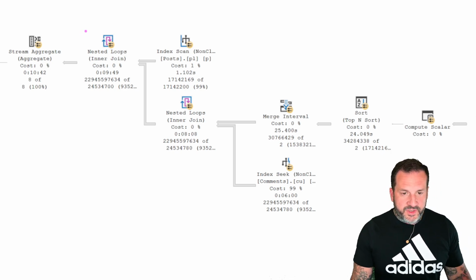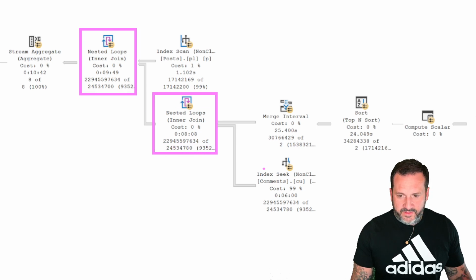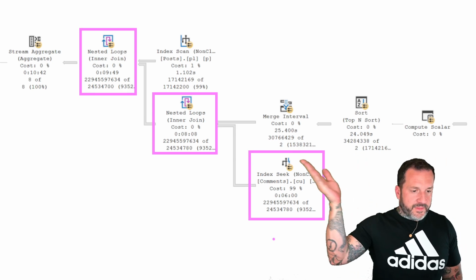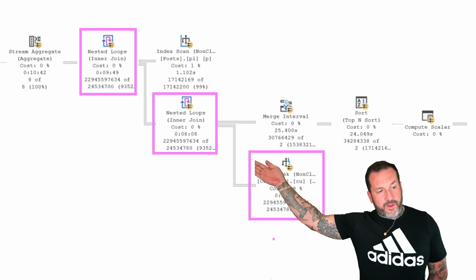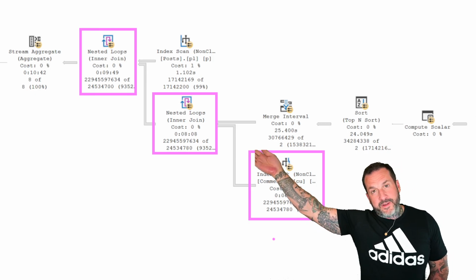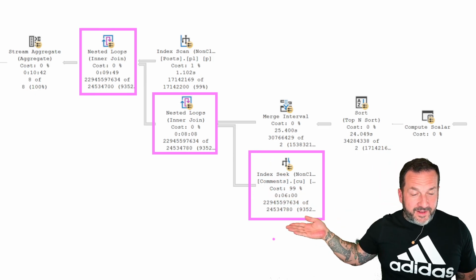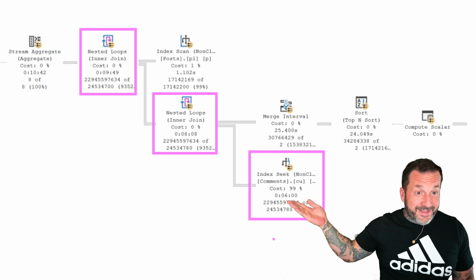Because we have a nested loops join here that goes to another nested loops join here that goes to the comments table. Okay, so how did we get from up over here, where I can't quite reach with my arm because of screen limitations, all the way down here to a seek into the comments table that took 6 minutes?